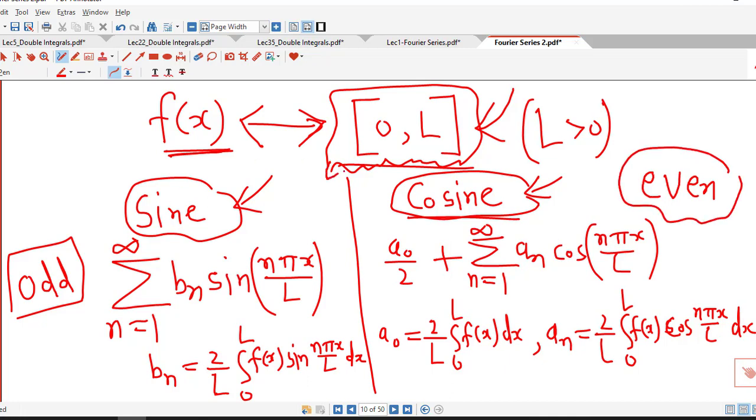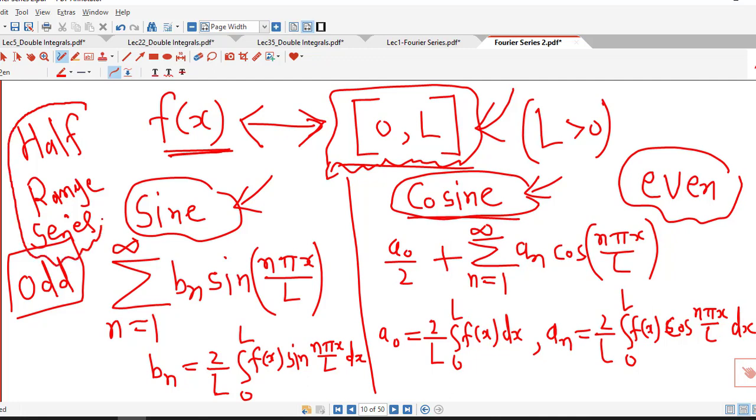So we don't have to remember half range series separately. The only thing which is different from Fourier series of even and odd functions is that in the problems of half range series, our function will be given on the interval of this type. Lower limit is always 0, upper limit is some positive real number. So in that case we will consider this end point as L.